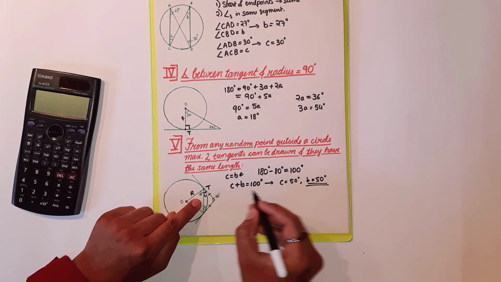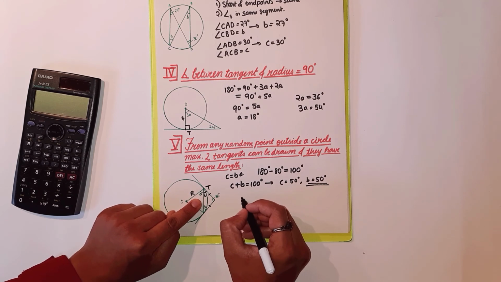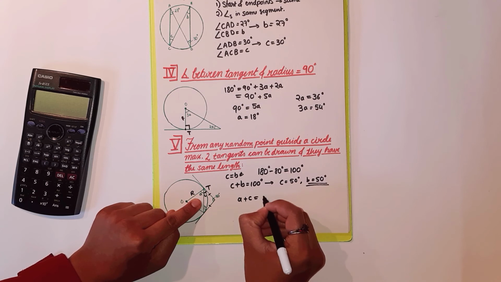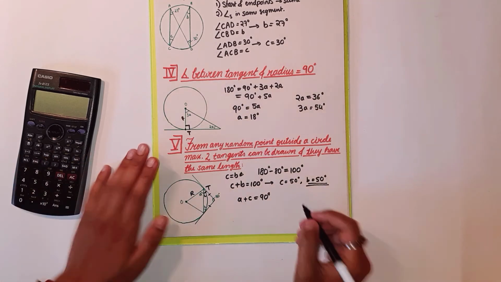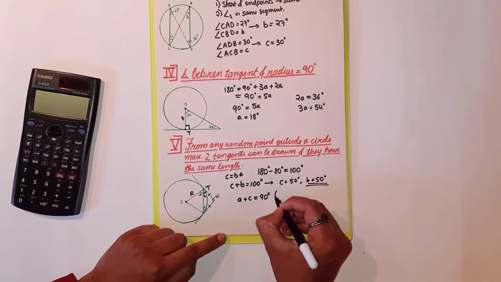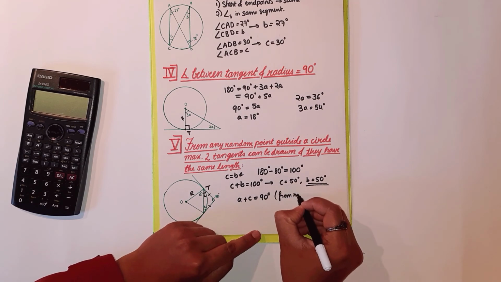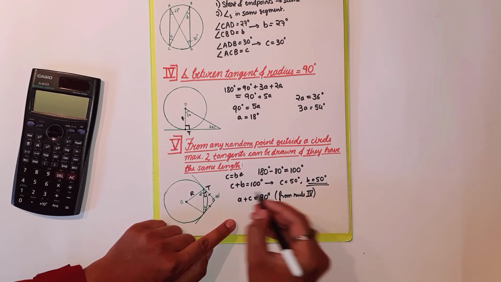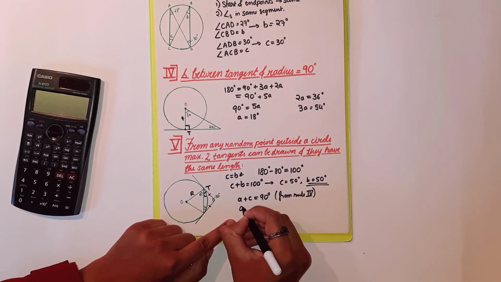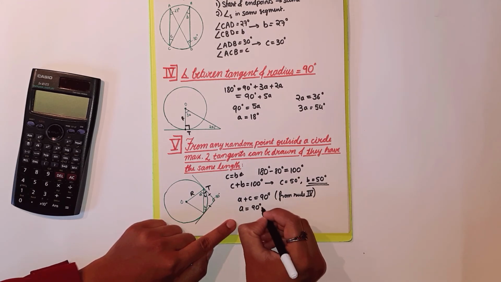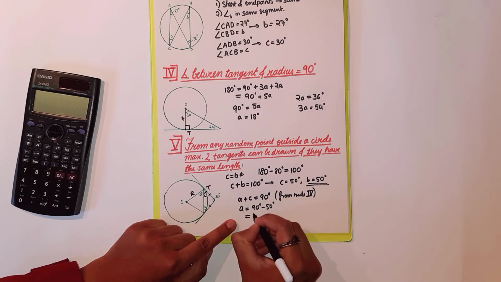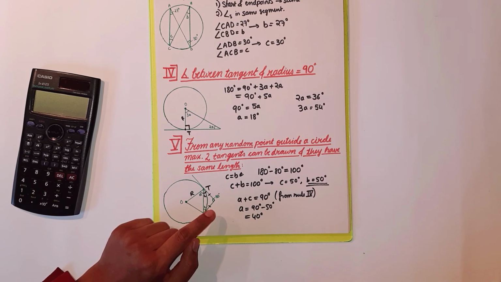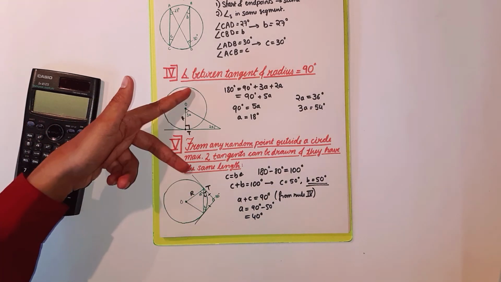So A plus C is going to be 90 degrees, using this rule, from rule 4. And because we know C, we can just shift it to that side. So A is going to be 90 degrees minus 50 degrees, and that is 40 degrees. So we have found A and B using these two rules.